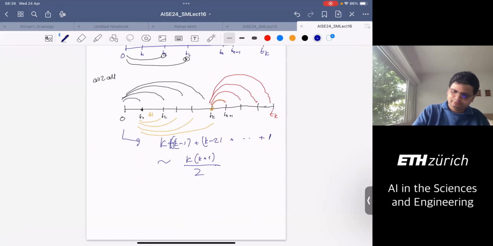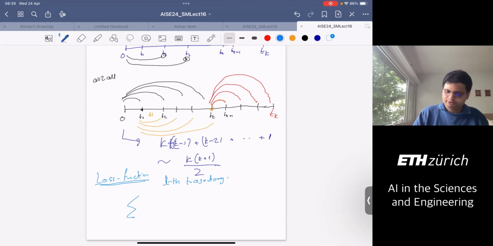The loss function, again, is for the ith trajectory, because you also have to sum over the trajectories. So you sum over, perhaps l.